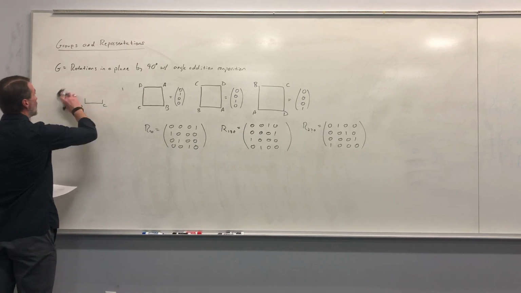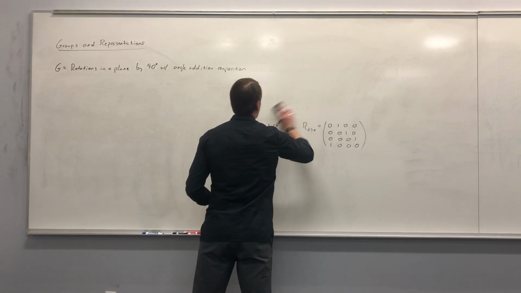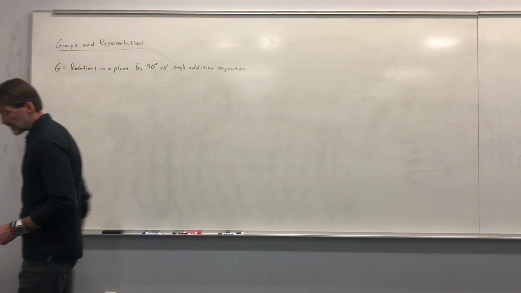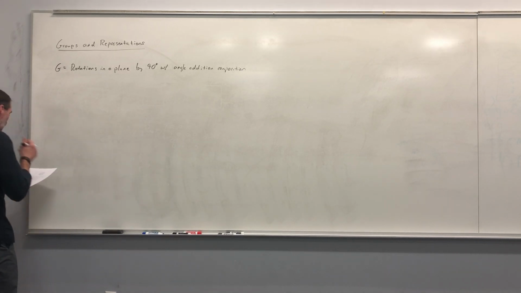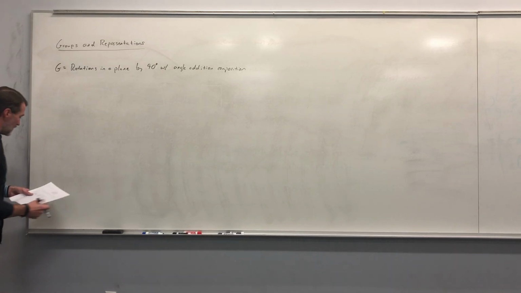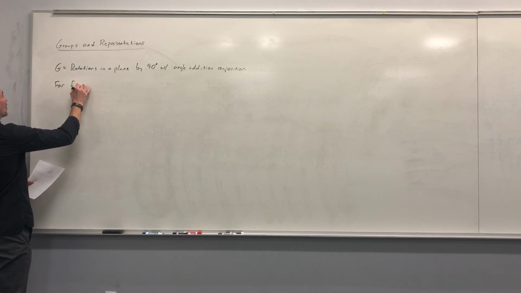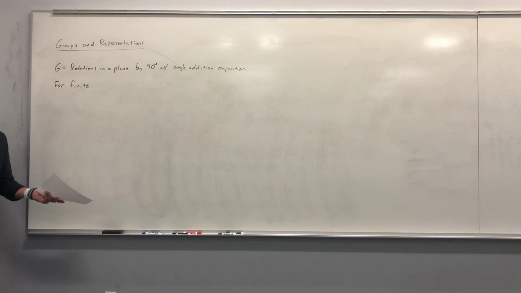So for finite discrete groups, which we're going to work with regularly, and if it's finite, it's automatically discrete, right?